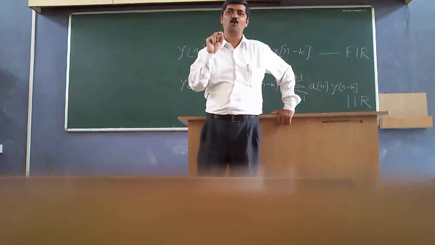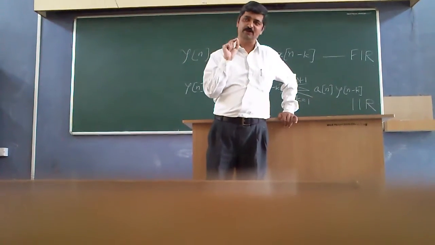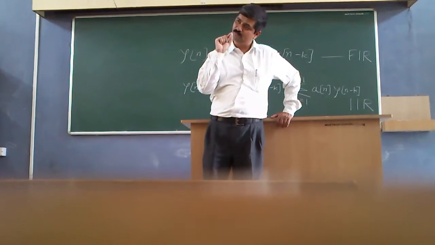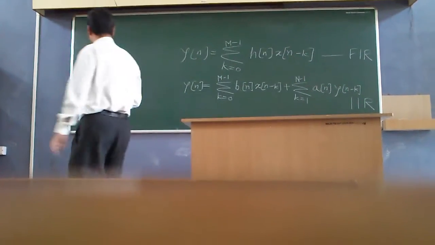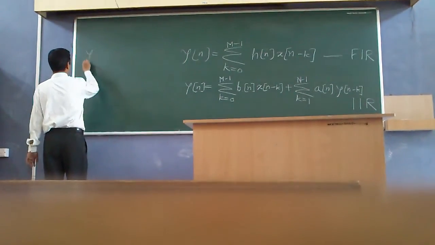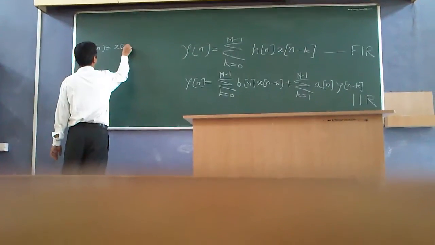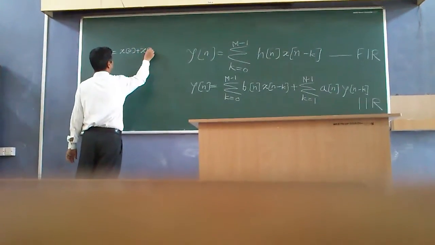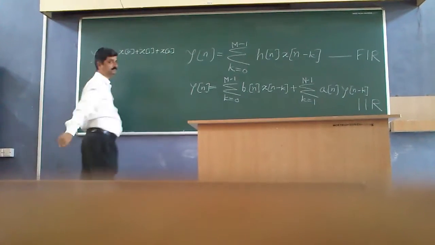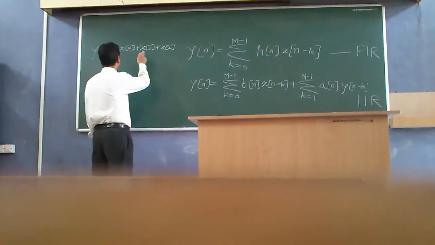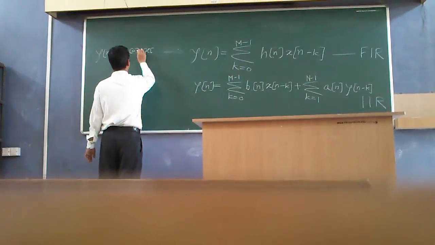Then we take only two peculiar systems. And we try to see what output will come. So I have one system for which what I am having is y_n is equal to x_n plus x_n minus 1 plus x_n minus 2. There was some writing mistake.